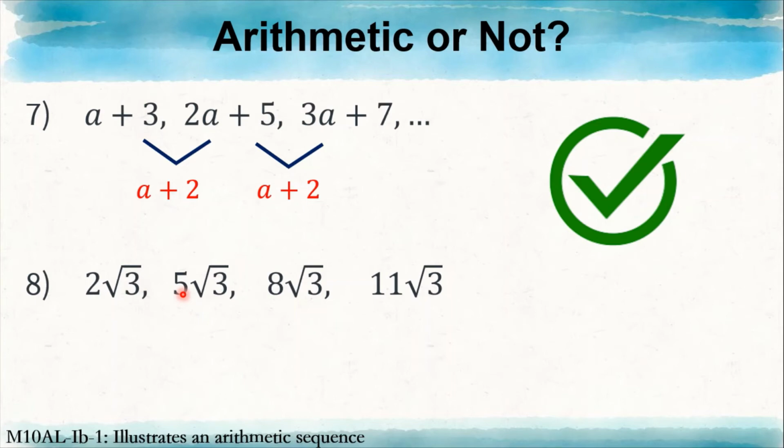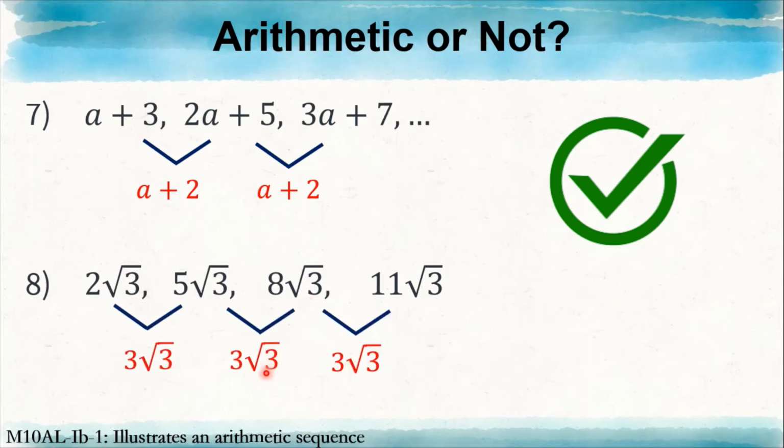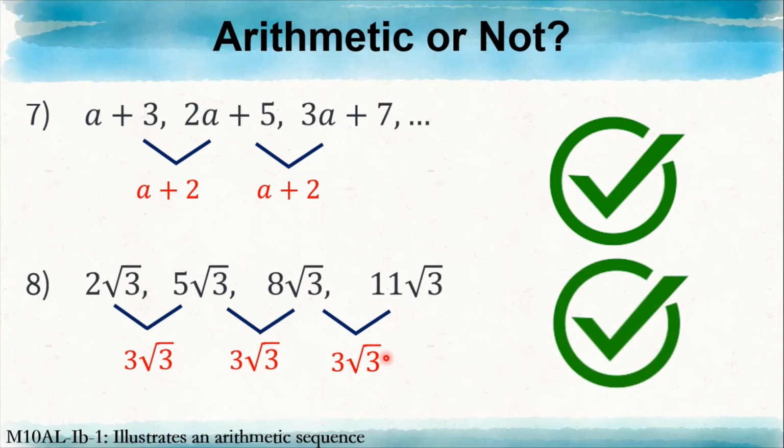So we have 5 square root of 3 minus 2 square root of 3, 8 square root of 3 minus 5 square root of 3, 11 square root of 3 minus 8 square root of 3. In this case, lumabas na pare-pareho ang kanilang differences. This is an example of an arithmetic sequence.